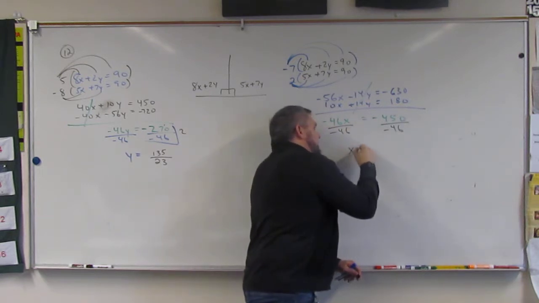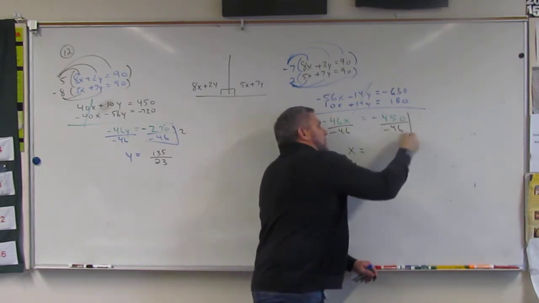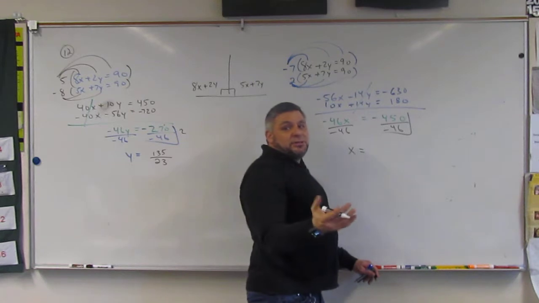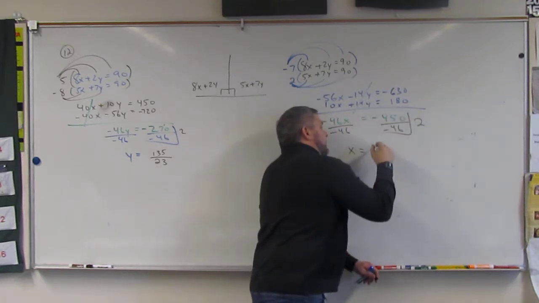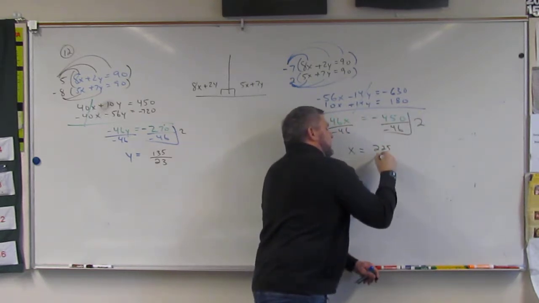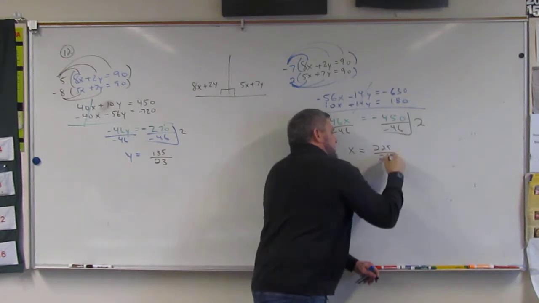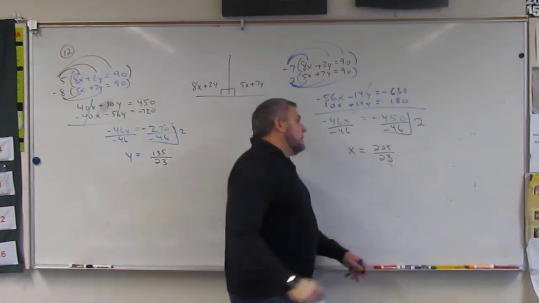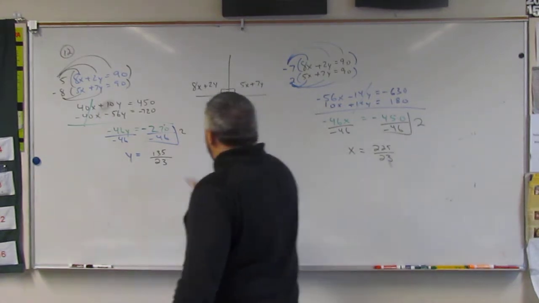And I get x is equal to, and what goes into both of those? A 2 again, right? So that would be 225 and then 23. Correct? And that would be for x, and that would be for y.